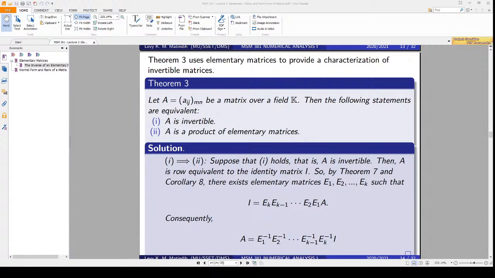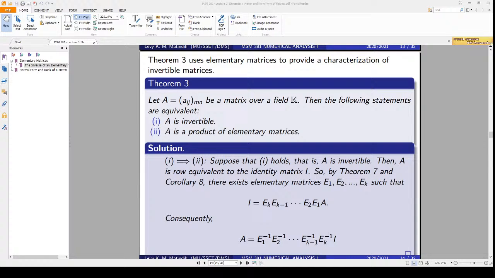So we can also write A as the product of these inverse elementary matrices by I. Then what are we saying? What we are saying is that the matrix A, which was invertible, has been written as the product of elementary matrices.